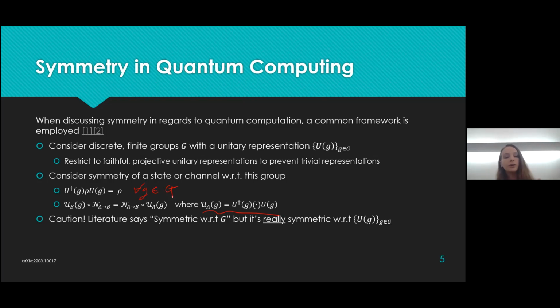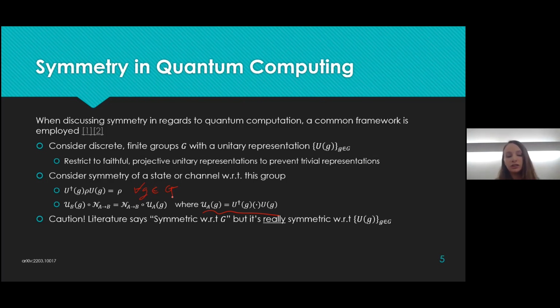But when we talk about symmetry of a channel, we typically talk instead about the covariance of the channel, which is to say that the action of the unitary channel commutes with the action of the channel that you claim is symmetric. So what does that mean? Say I have some unitary representation, as I have here, and then I have my two labs, one for Alice and one for Bob, and they have some channel that sends states between them.